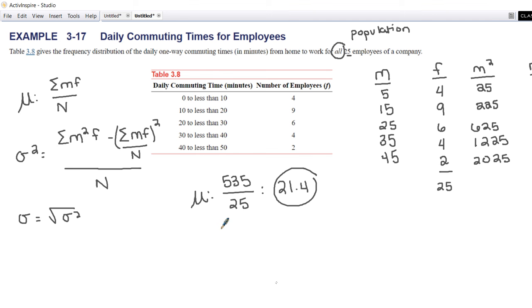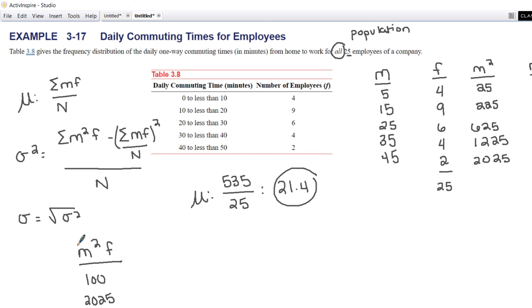Now we're going to find our variance. So we have the sum of our midpoint squared times our frequencies. We need to find that. Our midpoint squared 25 times our frequency of 4 is 100. Then 225 times 9 gives us 2,025. Then we have 625 times 6, which gives us 3,750.